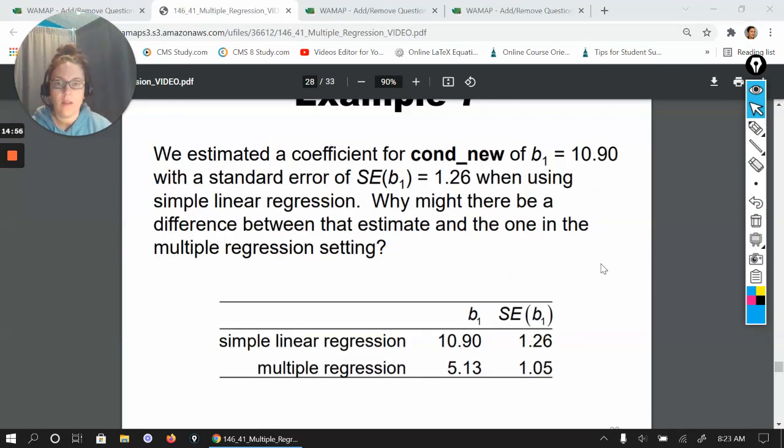Example 7. We estimated a coefficient for the condition new of B1 equals 1090 with a standard error of 1.26 when using simple linear regression. Why might there be a difference between that estimate and the one in the multiple regression setting? Well, again, because of the wheels.